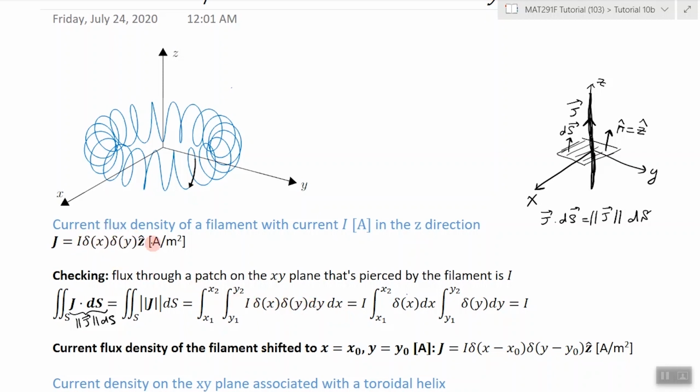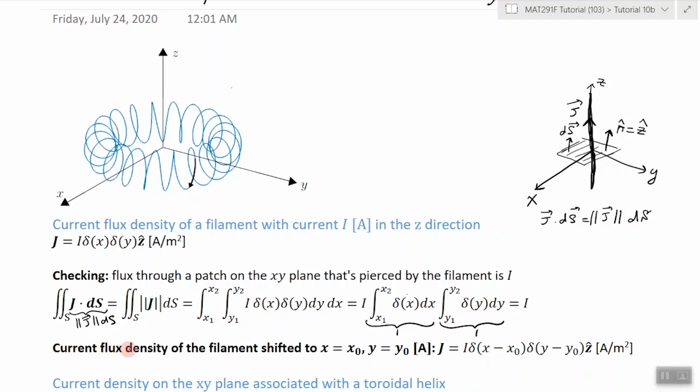You see, I'm just dropping z hat, assuming that I is positive. And these bounds are just the x and y bounds for this patch. Then I split the integral into 2 and shifted out the I, and then I get that this integral equals 1, and this integral equals 1, so I get I. So everything is correct. It makes sense.